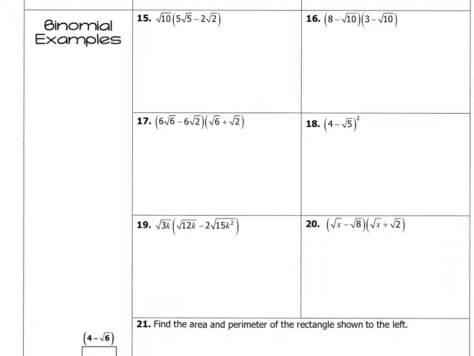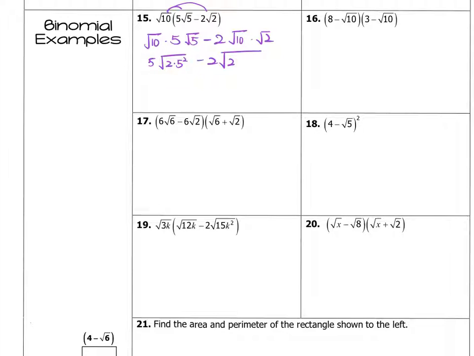So binomial examples are fairly simple. It's just distributing. So you have root 10 times 5 times 5 times 5 times root 5 minus 2 times root 10 times 2. Okay, so here if you want to combine, 10 times 5 is really 2 times 5 times 5 again, minus 2 times 10 times 2.